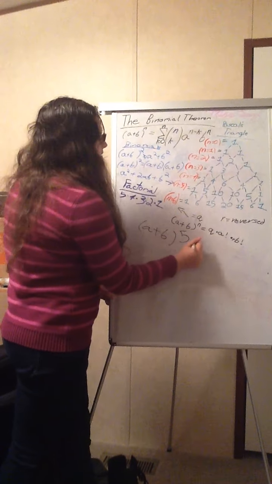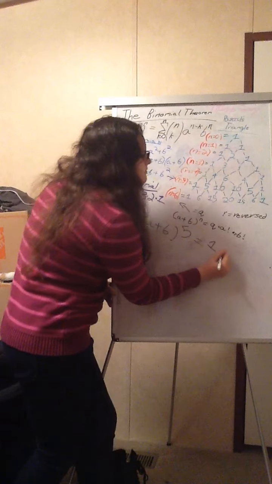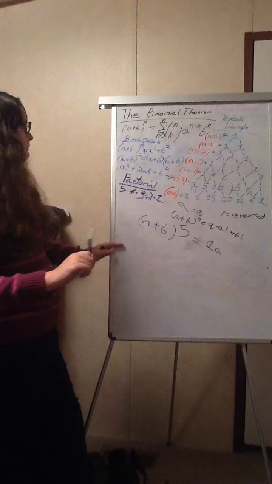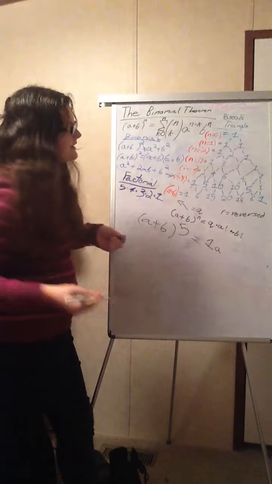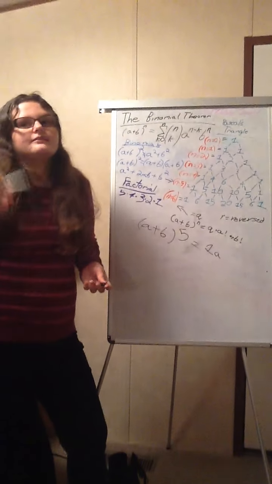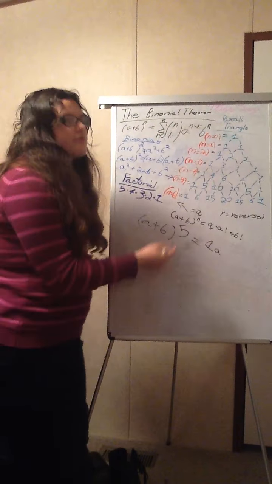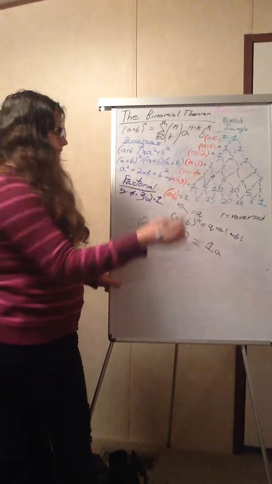I apologize, that should be an equal sign. So you find q equals 1, so 1, a factorial is 5 times 4 times 3 times 2 times 1 in this case. If it were the exponent of 3, then it would just be 3 times 2 times 1. So we use our exponent to find our factorial.